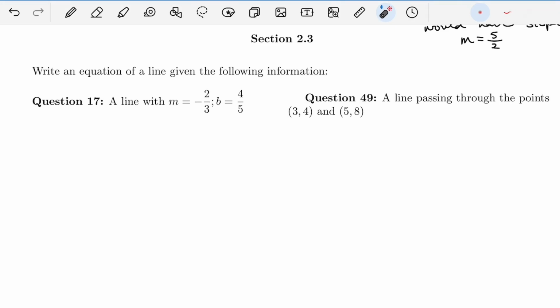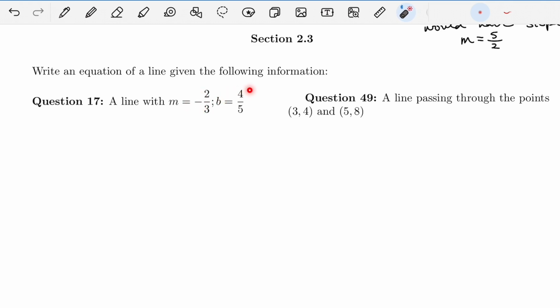All right, so now we're going to move on to some questions from section 2.3 here. So first for question 17, what we want to do is write an equation of a line given this information here. So we have a line with slope negative 2/3 and b is going to be equal to 4/5. So we have a slope and we have our b value for our y-intercept.